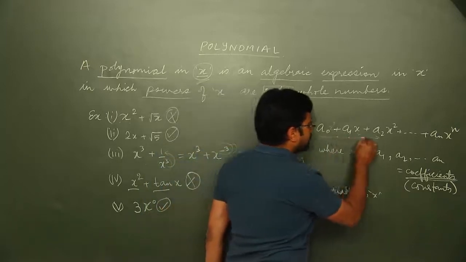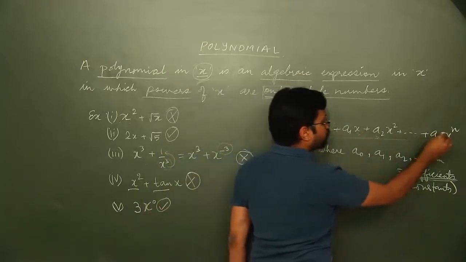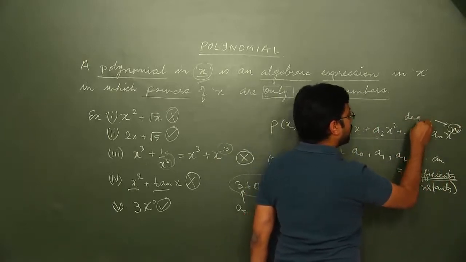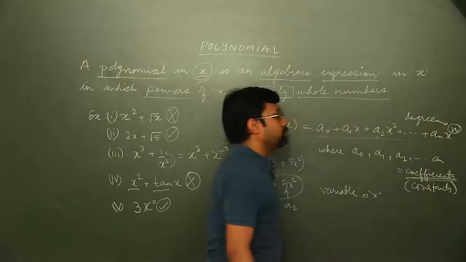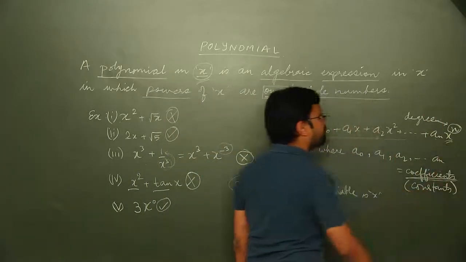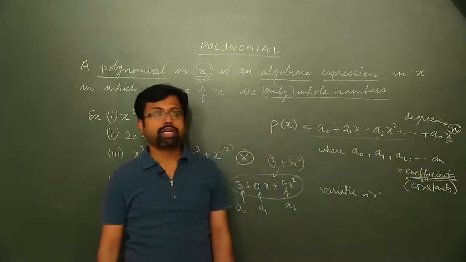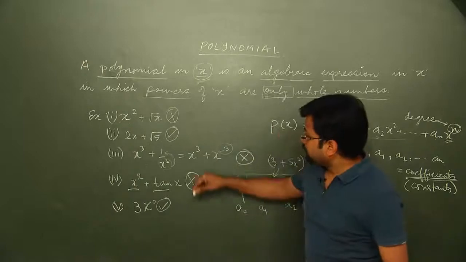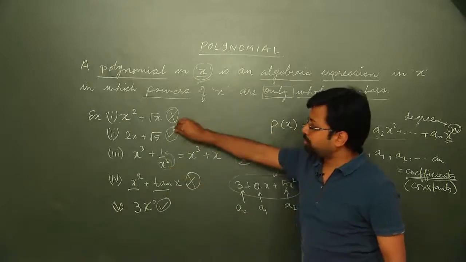So these are the coefficients. Now these are the powers. What is n? n is called the degree of a polynomial. Once you identify a polynomial, the highest power of x in that given polynomial is called the degree of the polynomial. So here if we see, there are two polynomials here.